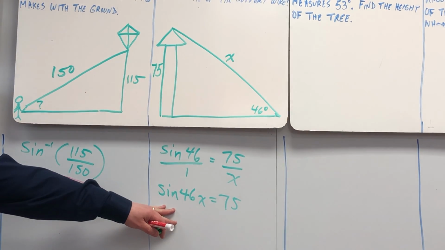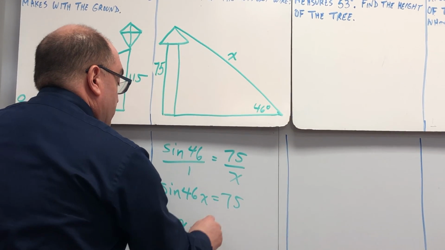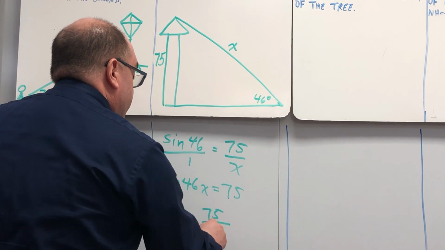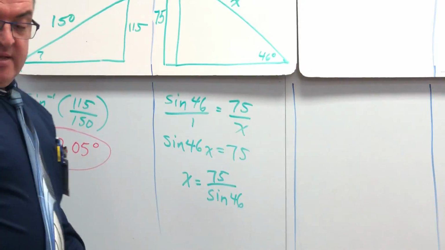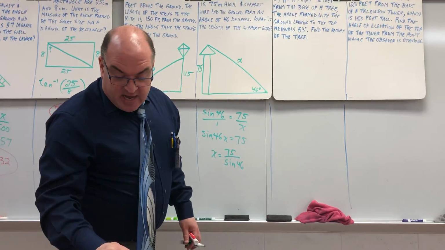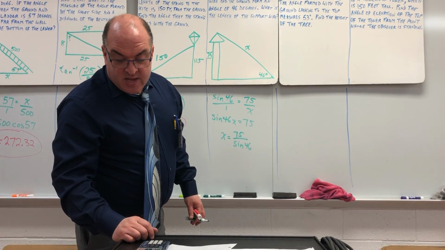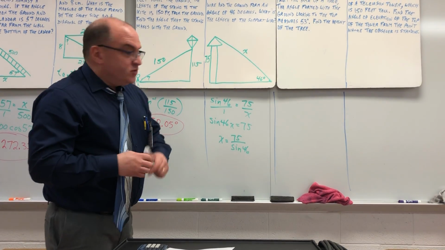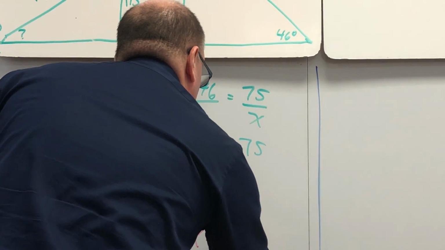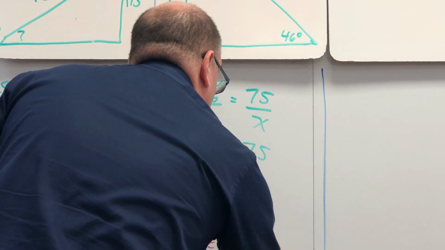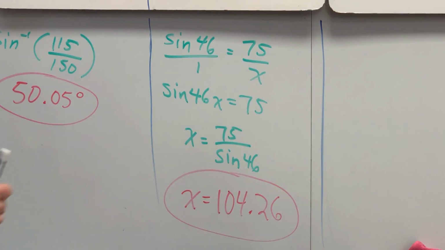So now we're going to divide, right? X equals 75 divided by sine 46. What is 75 divided by sine 46? 104.26. There you go. Easy.